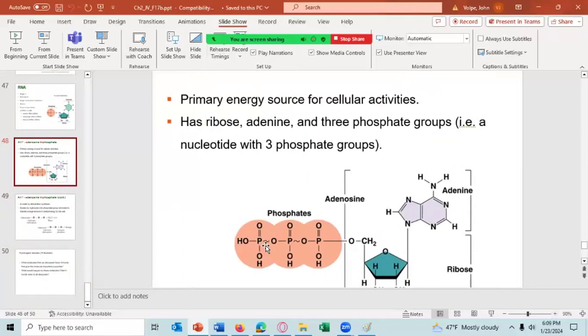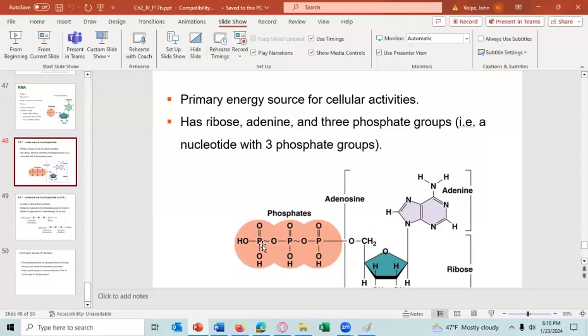The second phosphate to the first phosphate also has a high energy bond. If the cell needs energy, it typically will break this high energy bond, and that will release a lot of energy, and the cell will use that energy for its energy needs.